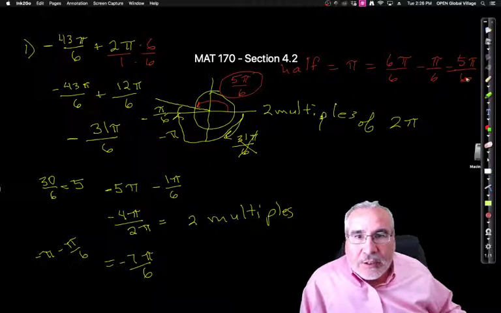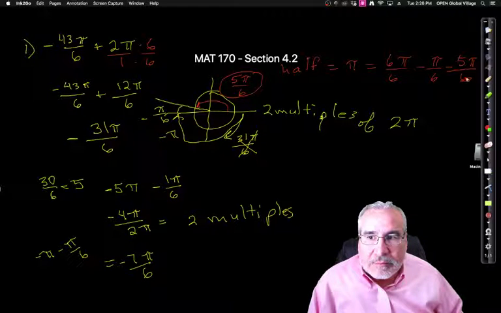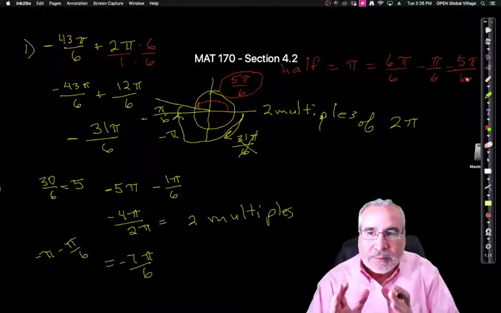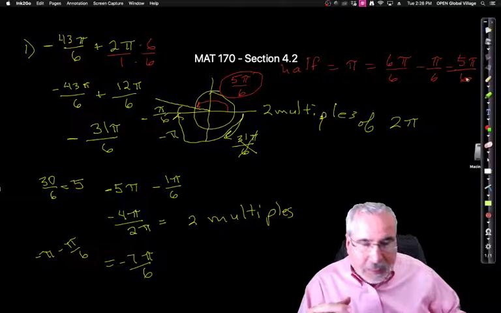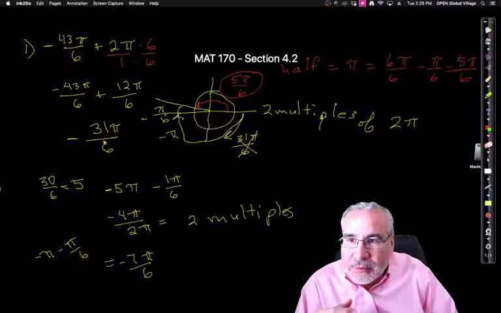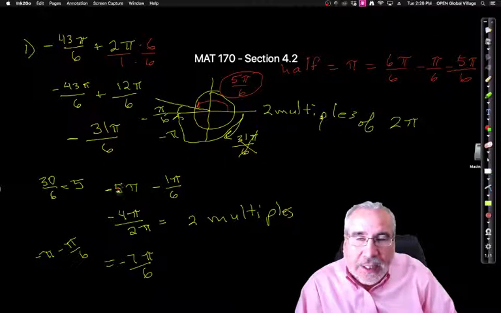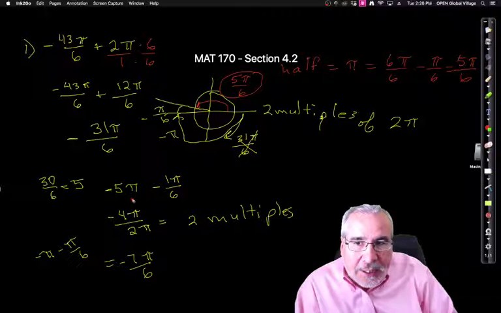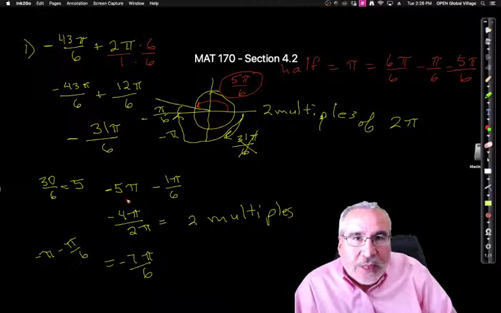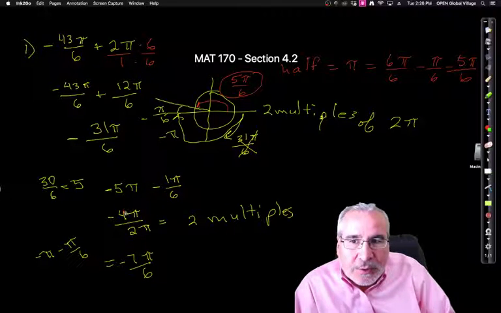I'll maybe take a look at another one, but that's the way we count the multiples of 2 pi. Get it down to one number, divide out the fraction. In this case, we had 31 over 6. Figure out how many 2 pi's are in there. In this case, a total of 4 pi. We're looking for the largest even number that is represented here, which would be 4 pi.